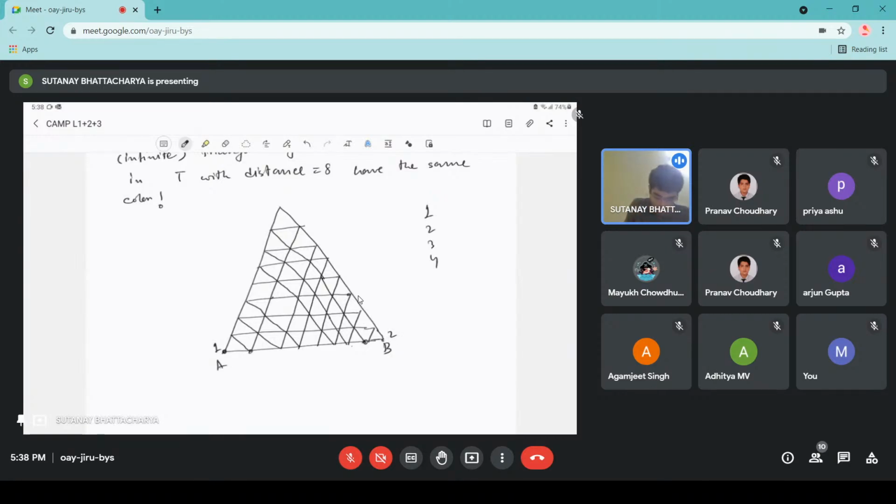Now we look at these 2 points, say C and D. What can we say about these 2 points?